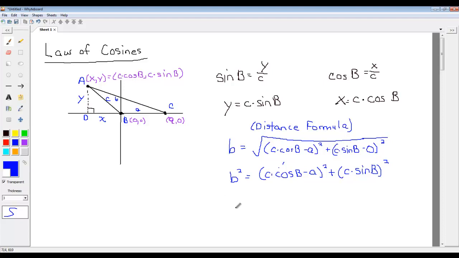Okay, so b squared equals, let's see, FOIL out c cosine B minus a, we're going to get c squared times cosine squared B minus 2ac cosine B plus a squared. Then for this plus, we got c squared sine squared B.